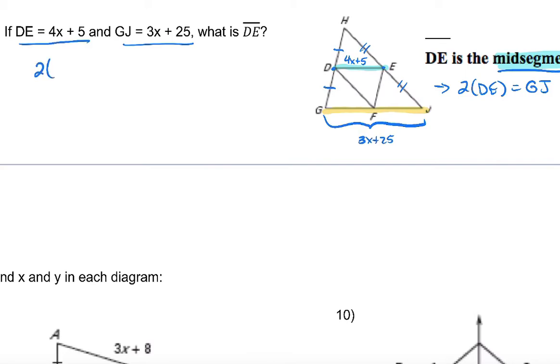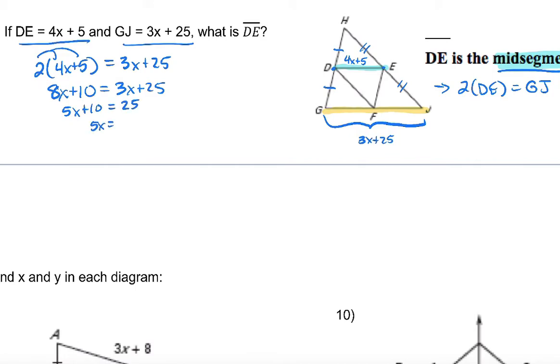So we're going to do 2 times the midsegment, which is 4x plus 5, equals the third side, which is 3x plus 25. I'm going to distribute the 2 here, just getting my algebra solving going. And subtracting 3x from both sides. Subtracting 10 from both sides, isolating my x term, and dividing by 5.